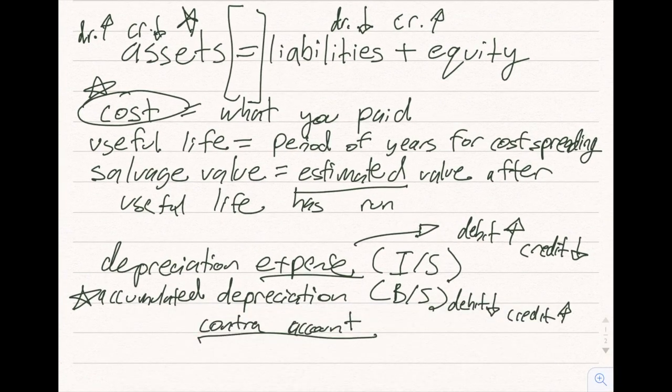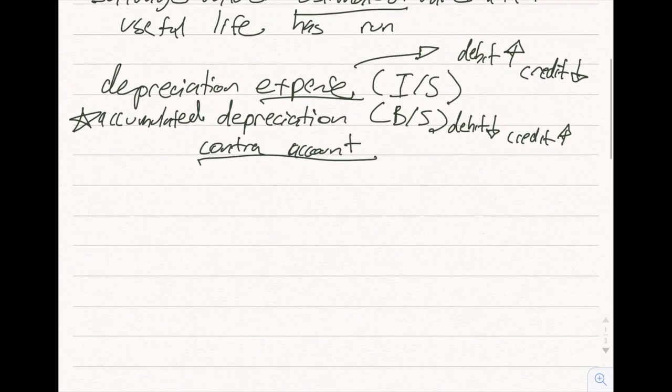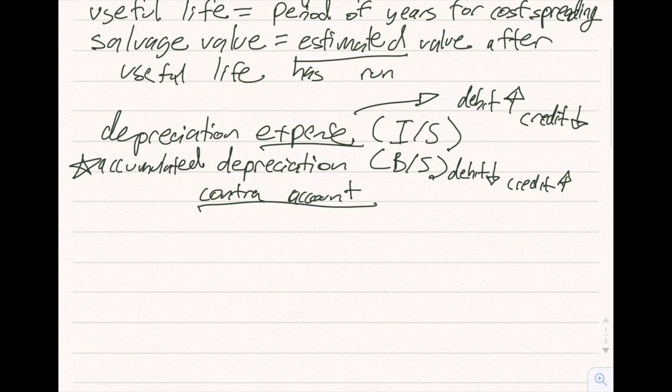Now, to really bring it home, let's see an example. Actually, I'm going to keep this terminology up here for now. So in this example, we're going to say that the asset, whatever the asset is, original cost, which again is how we're going to represent it on the balance sheet on the assets side, original cost $10,500.